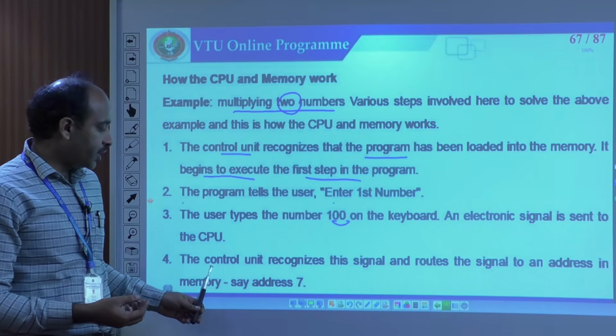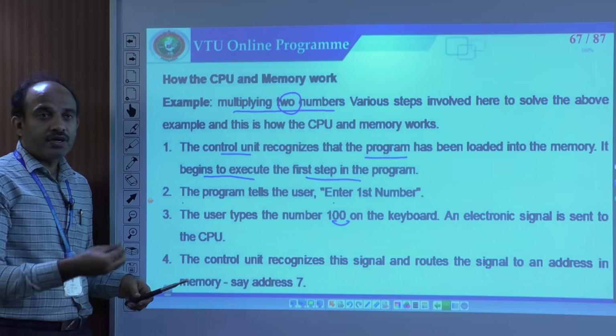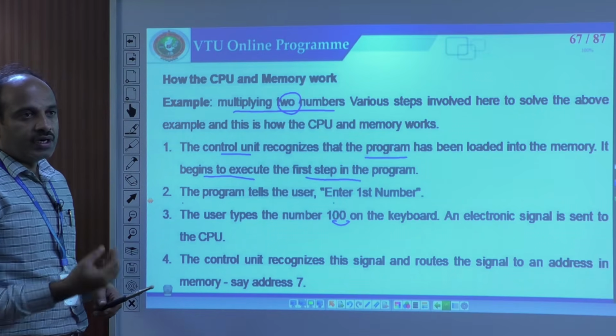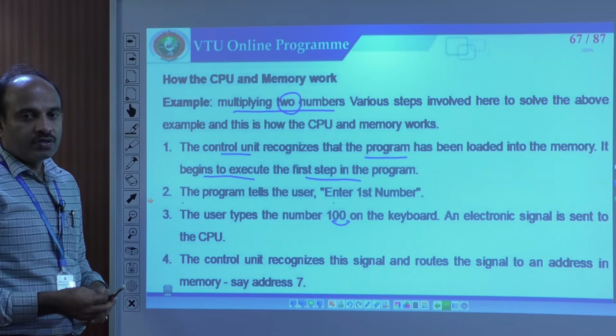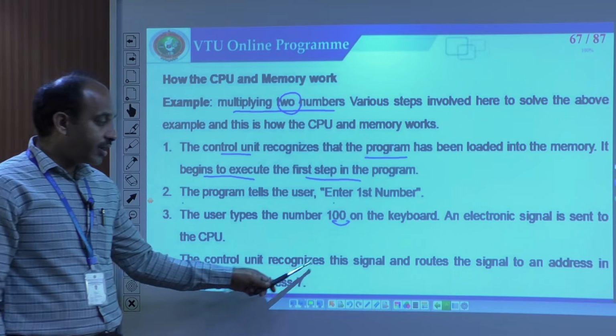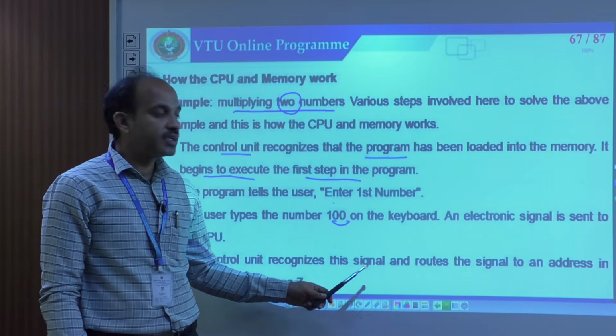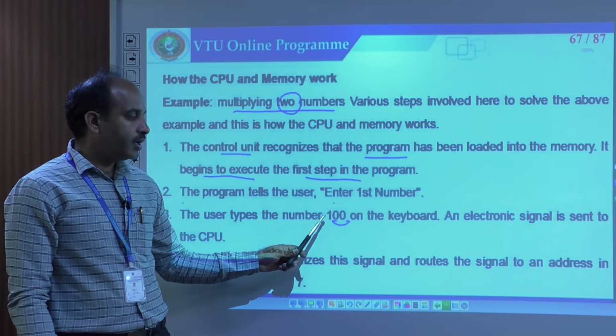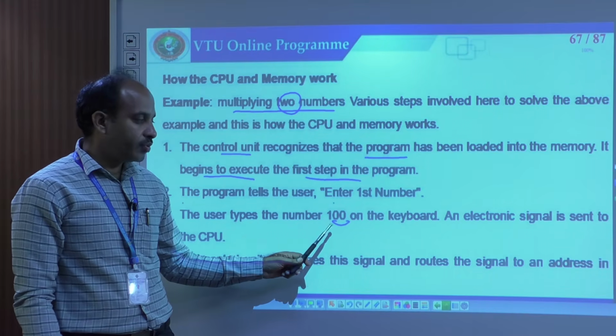Immediately the next step: again the control unit comes into the picture, because initially it sent the signal to get the data from the input device, which is received and stored in the CPU. Now the control unit will recognize that signal, that your 100 has been entered by the input device.